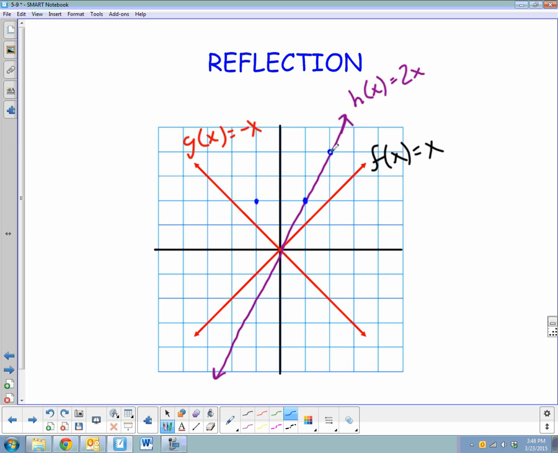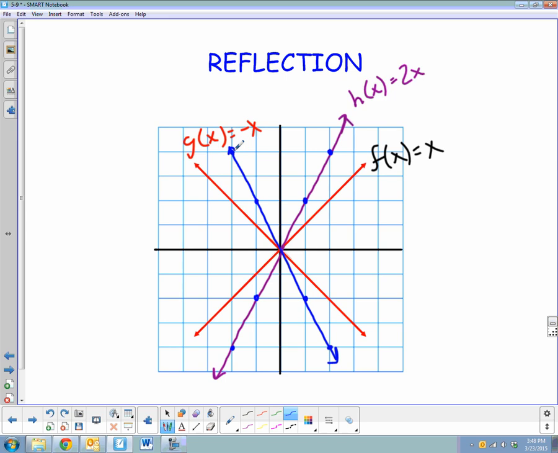This point here is 2 away from the y-axis, so the new point reflected would be over here. Same thing down on the bottom. This point would go over here. And the point I'm trying to make is that it's not always a 90-degree angle. It's a reflection, so it just ends up being the opposite slope.